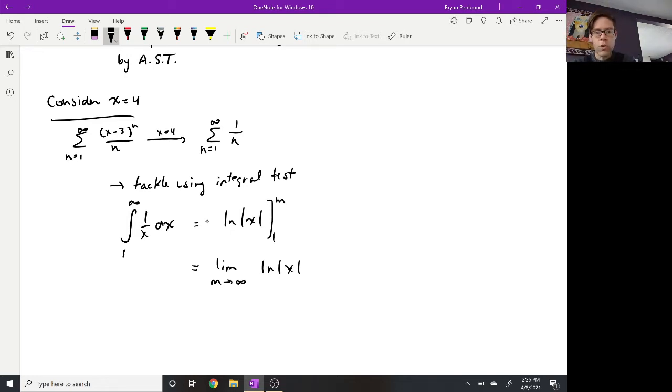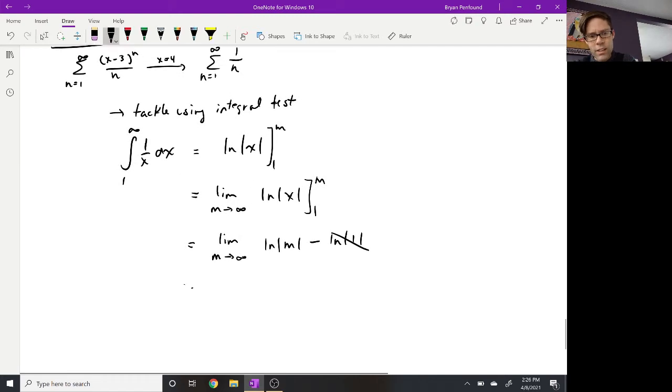When I input these boundary values into the logarithm, we get the limit as m gets really, really big of the natural logarithm of something that's also getting really, really big. Of course, I'm subtracting ln of 1, which is 0, so that one doesn't really matter. But this is tending towards positive infinity. So we can show that this integral is unbounded. Therefore, our series is going to be unbounded as well.